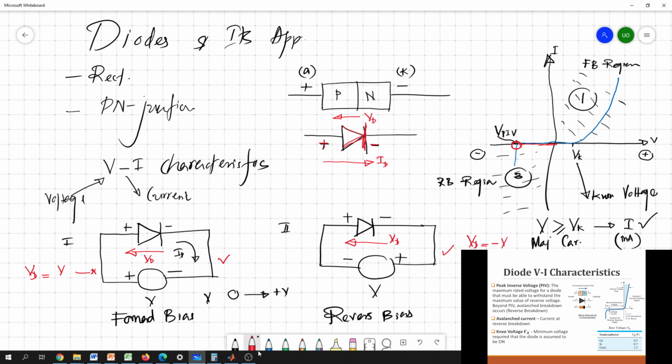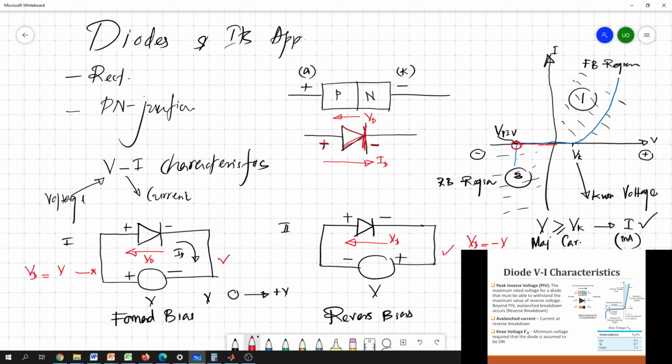By looking at these characteristic curves, we can identify two regions. One is where the voltage applied to the diode is greater than or equal to Vk. Ideally, you can see a diode current, and you can say the diode is in the forward bias region.